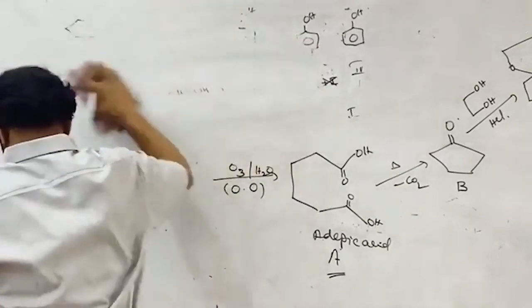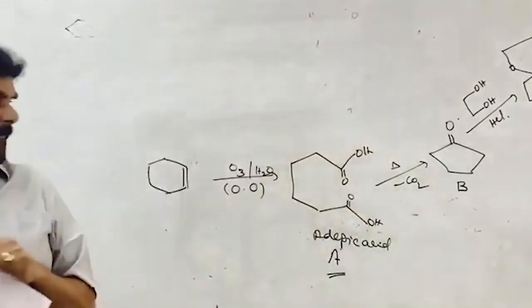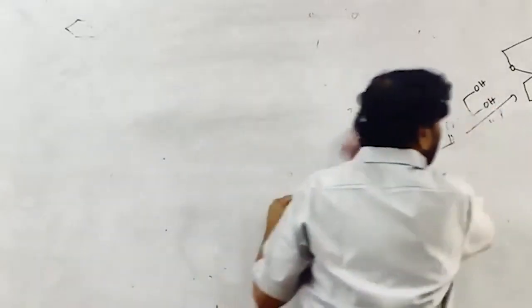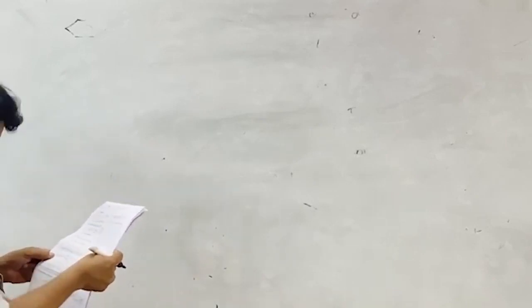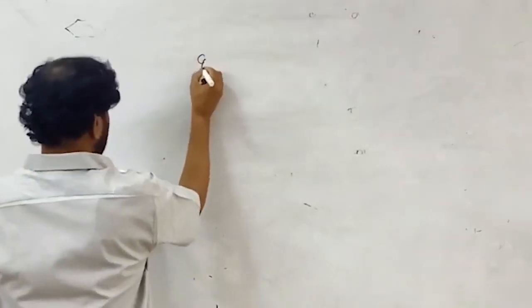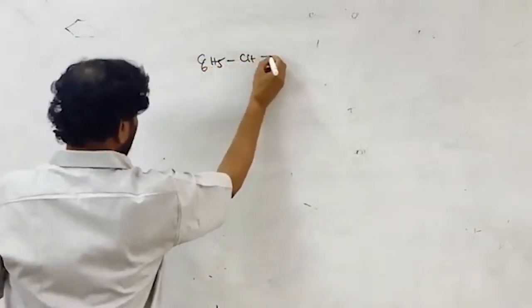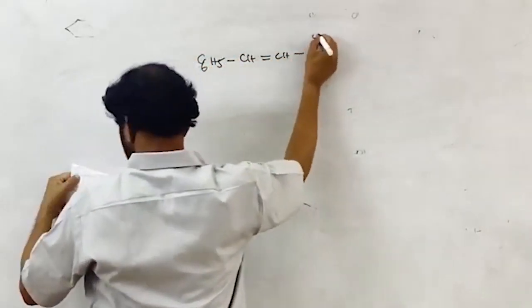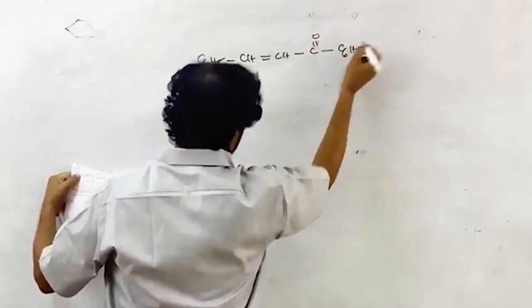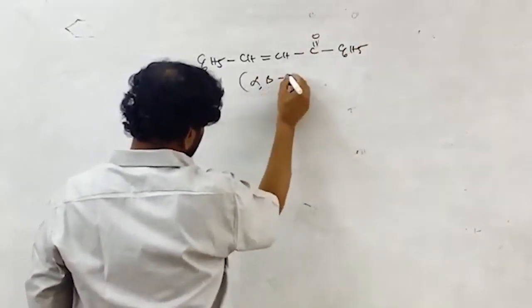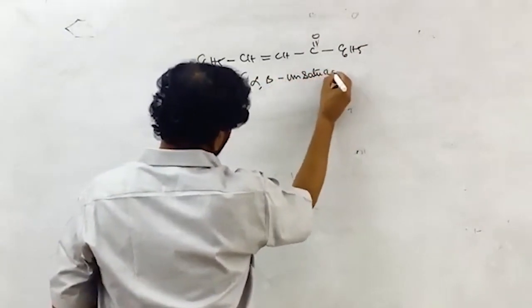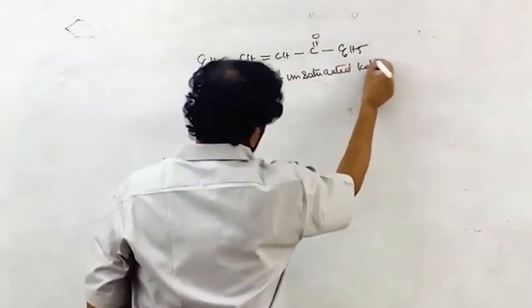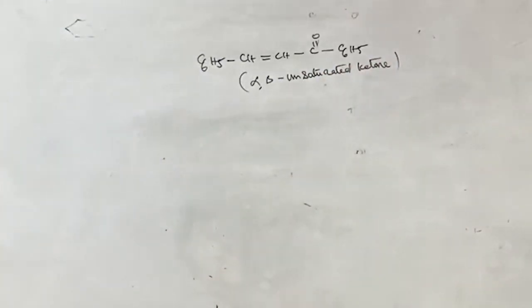The next one is question 37. See, this is C6H5 CH=CH C(=O) C6H5, an alpha beta unsaturated compound, an unsaturated ketone, right?